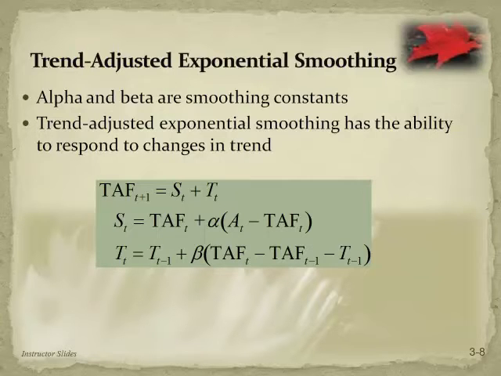It can be 0, it can be 1, or it can be anything between the two. Now, for exam purposes and homework purposes, I'm not going to ask you to do any calculations related to trend-adjusted exponential smoothing, but you will have an exam problem on a linear trend forecasting problem.